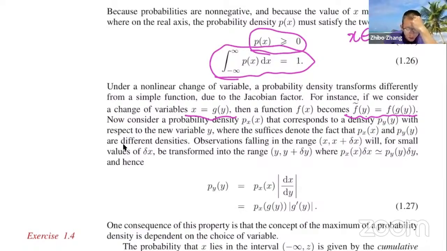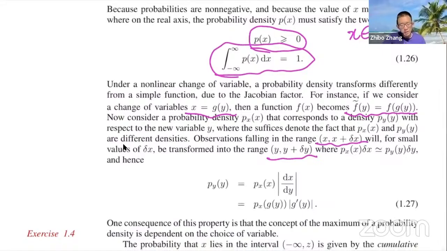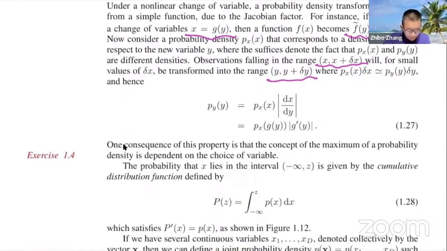Observations falling in the range x to x plus delta x will, for small delta x, be transformed into the range y to y plus delta y, where p_x(x) delta x is approximately equal to p_y(y) delta y.